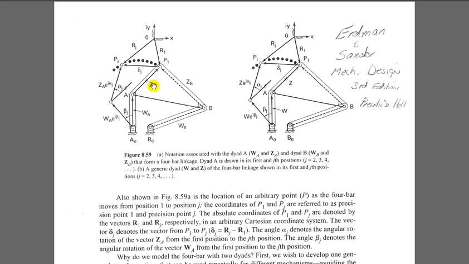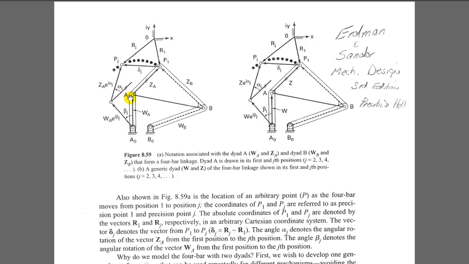Let's go back to this picture and remember that ZA is a vector that tells us how to get from this pin joint to that interesting point on the machine. And W tells us how to get from the grounded pin joint to this pin joint. And we can use this picture to actually take our W's and Z's and learn the values of A and A0.